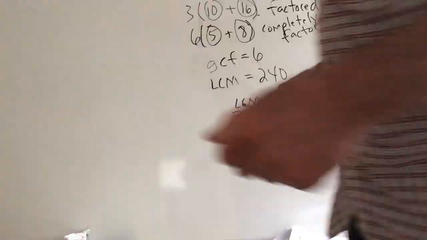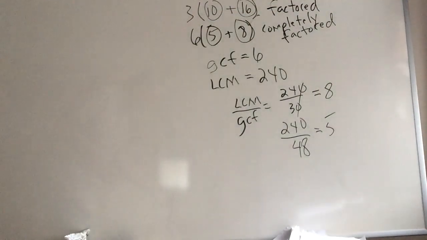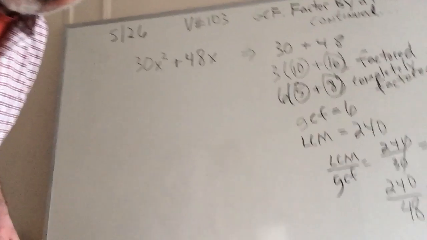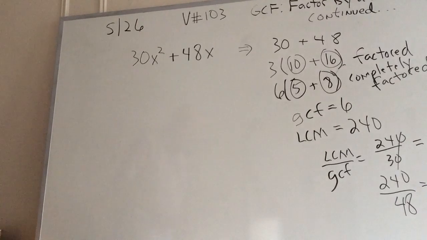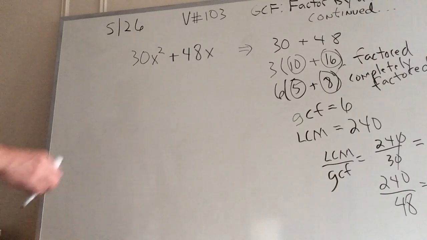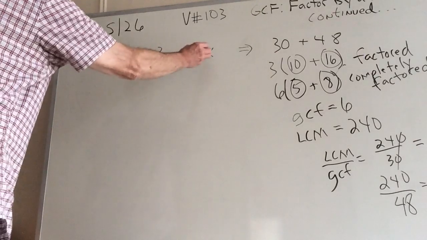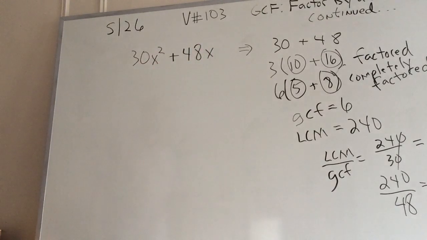And now I go over to our original problem. Okay? And there it is. 30x squared plus 48x. So I look at this and I already know what the numerical GCF is. So what does x squared and x share? Well, they share the x.